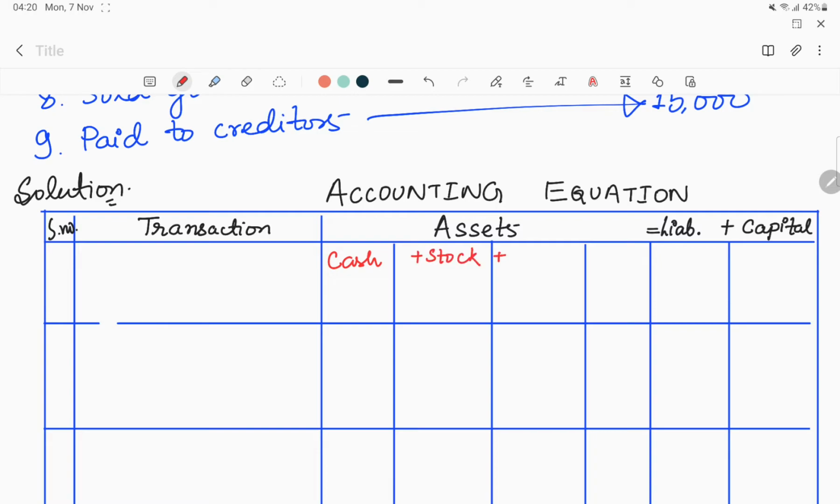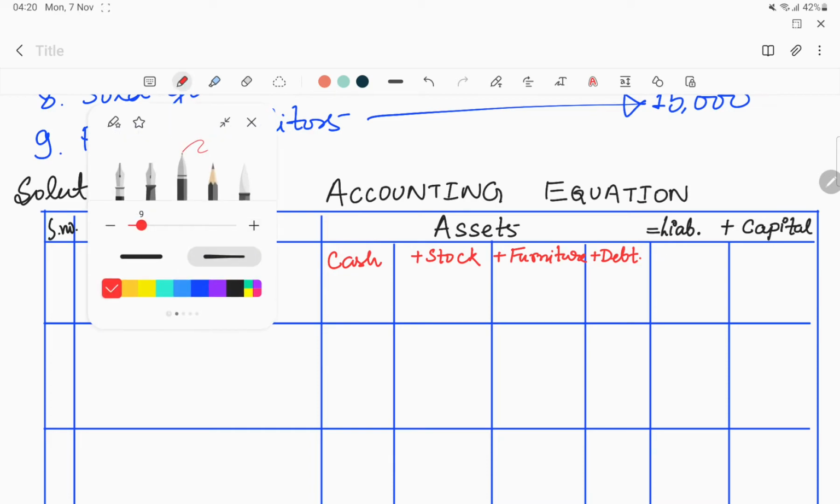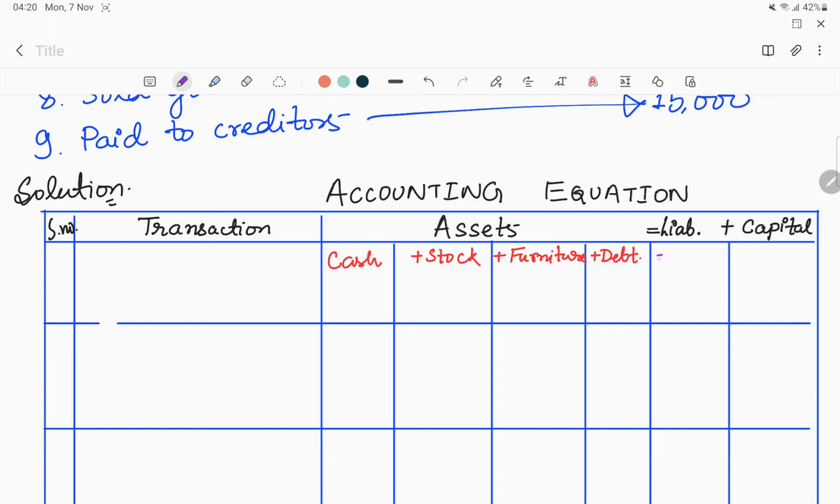Here we are seeing assets as furniture, because he purchased some furniture, and if there is any debtor then we will write debtors here. Liability will be created by creditors, and capital will be capital itself.